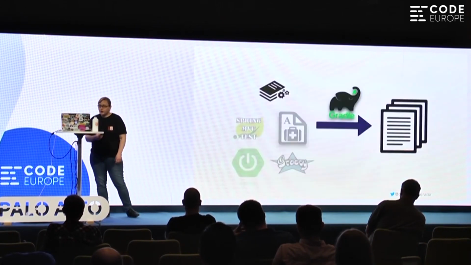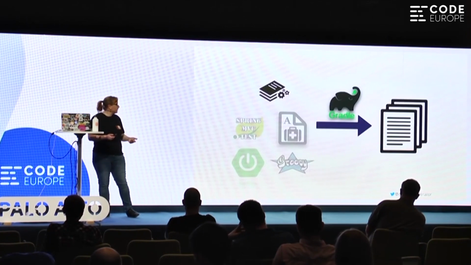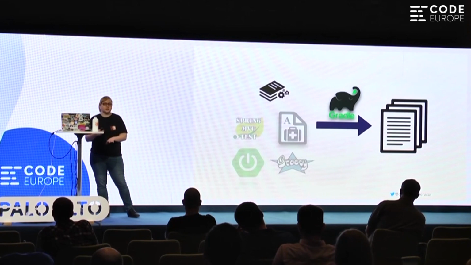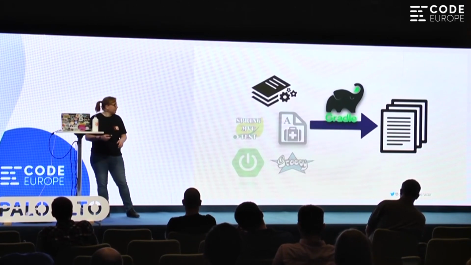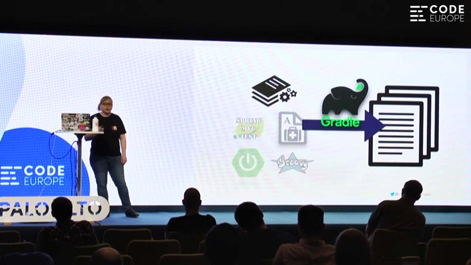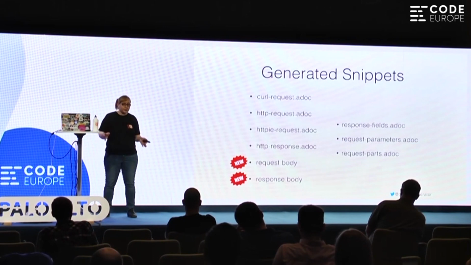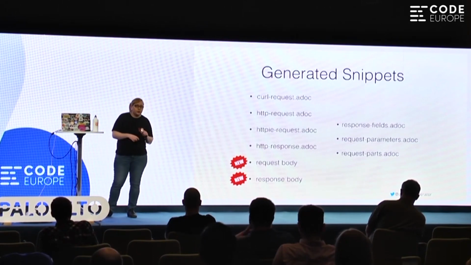Okay. So now at this point, we have our Spring REST docs. We can build with Gradle and run the tests. And when we run just the tests themselves, it'll generate some snippets. And so the snippets that we get are, and there's a lot of them now, depending on your preference of input and output.